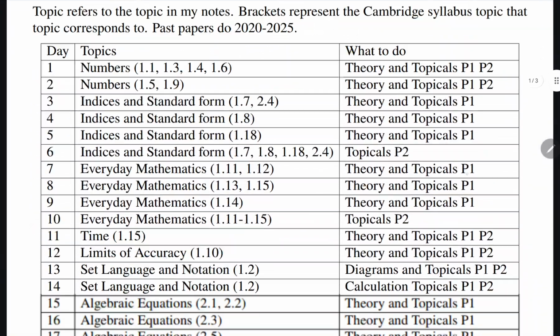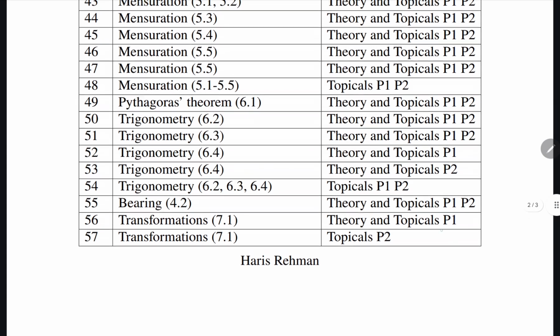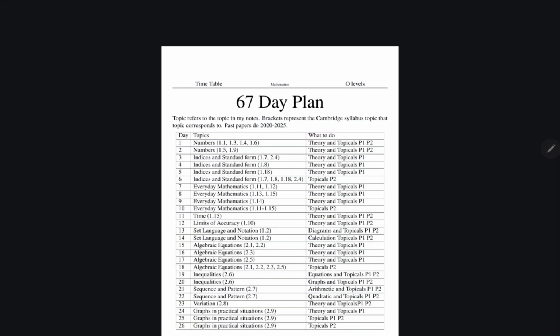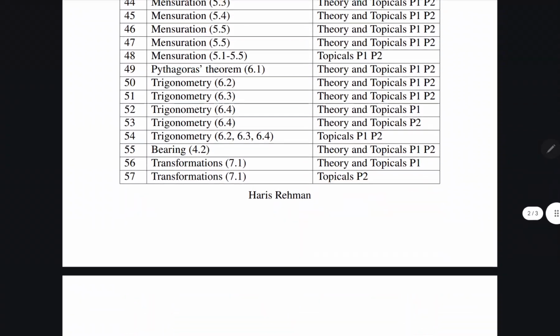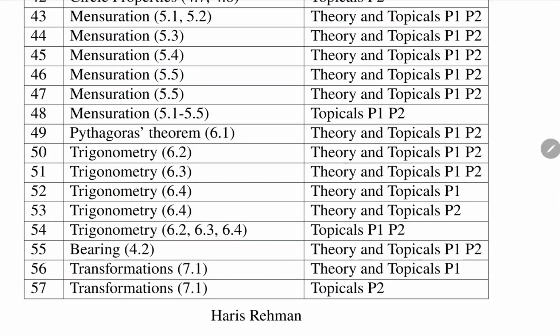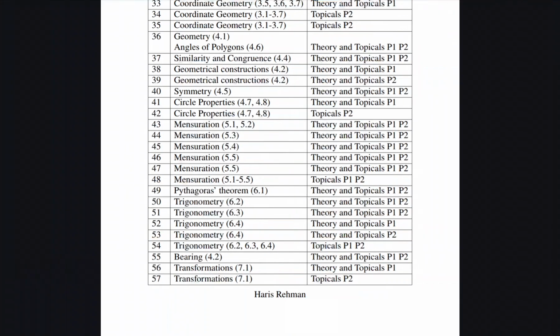In the trigonometry chapters, you might fit in 6.3, 6.7 somewhere in here, like on day 52 or 53 or something, or 51. And in paper 2 topicals, you do all of trigonometry. Very easy. Pythagoras theorem, that's very easy also.